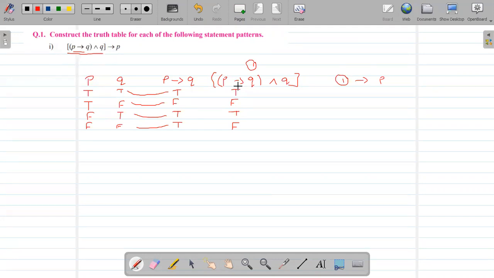So true, true: true. False, true: true. True, false: false. And false, false: true. I hope you all understand this.